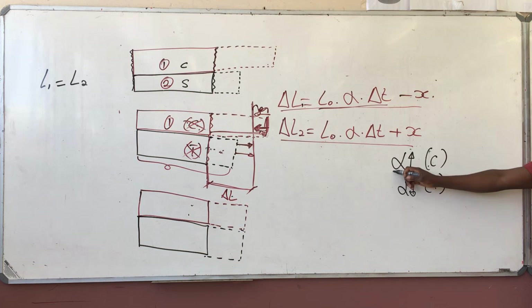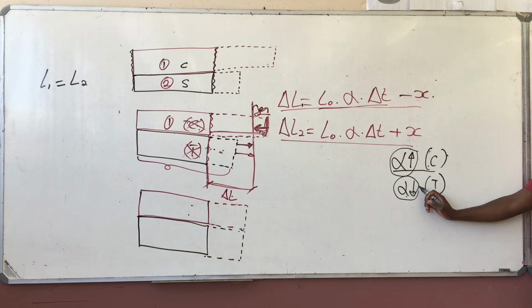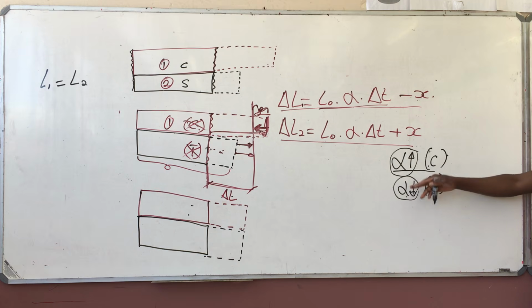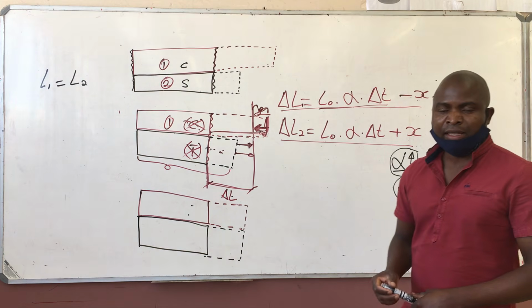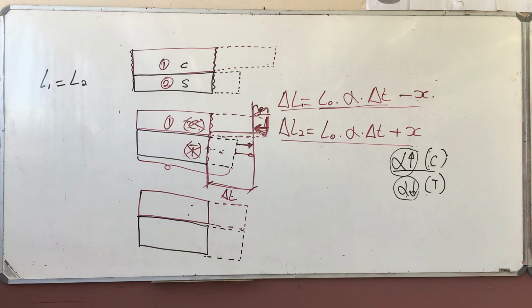If the bronze's coefficient of expansion is more than this one, it means it's compressive. You need to compare the two. For the lesser one, take the stress as tensile. For the bigger one, take the stress as compressive. At the end, you must know those things so that when you calculate resultant stress, you will know what to do.